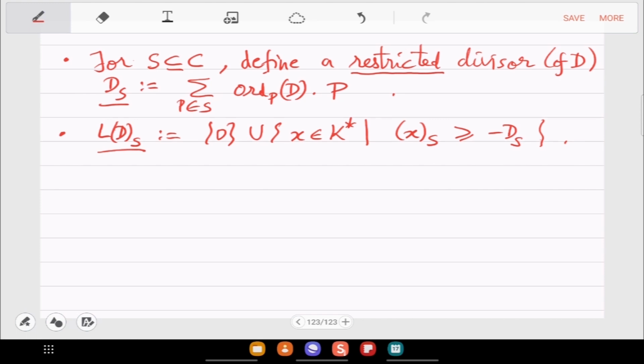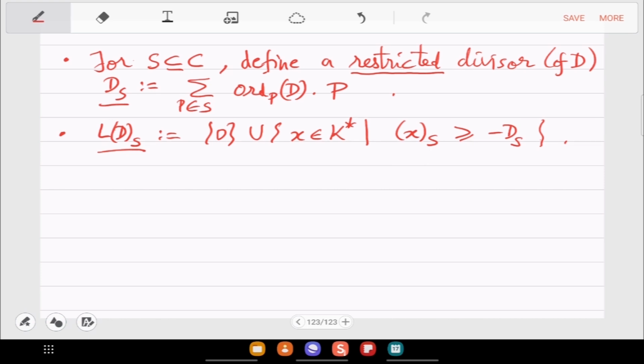Okay, so the difference here from the LD sheaf is that, again, of course, this is saying a similar thing, that poles of x are not worse than D, but only up to the points in S. This is only comparing the points which are in S. So if P is in S, then if P is a pole, its multiplicity should be at least minus the multiplicity of P in D. But if P is not in S, then we don't care.